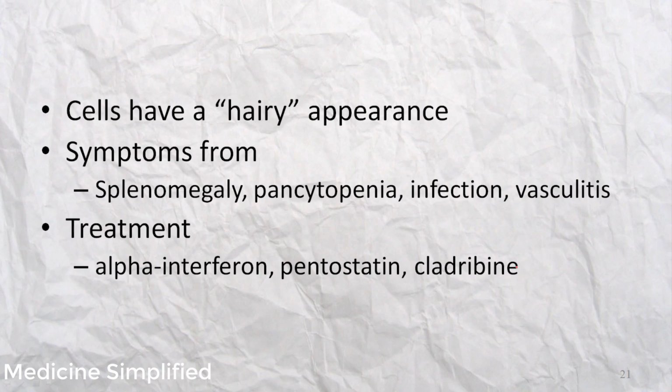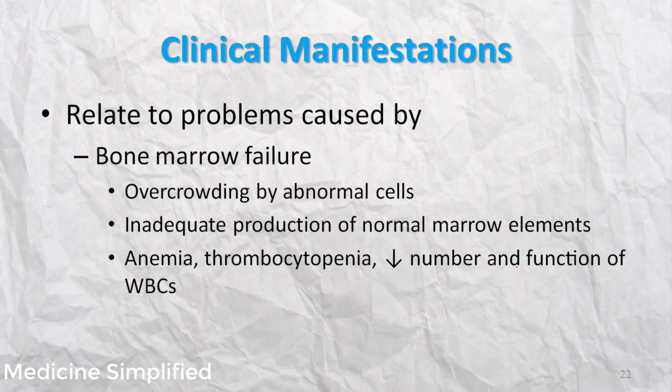That's why it is called hairy cell leukemia. Symptoms are splenomegaly, pancytopenia, other infections, and vasculitis. Treatments include alpha interferon, pentostatin, cladribine, etc.